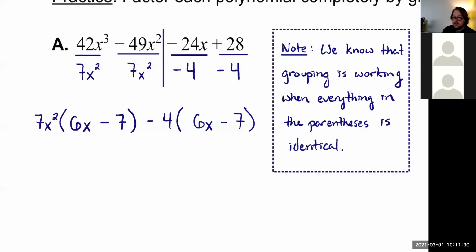So for these two greatest common factors that we removed and set to the side, what we were left with in both cases was a 6x minus 7. So nothing we've done so far has been that far out of the ordinary, because it was just factoring greatest common factors.